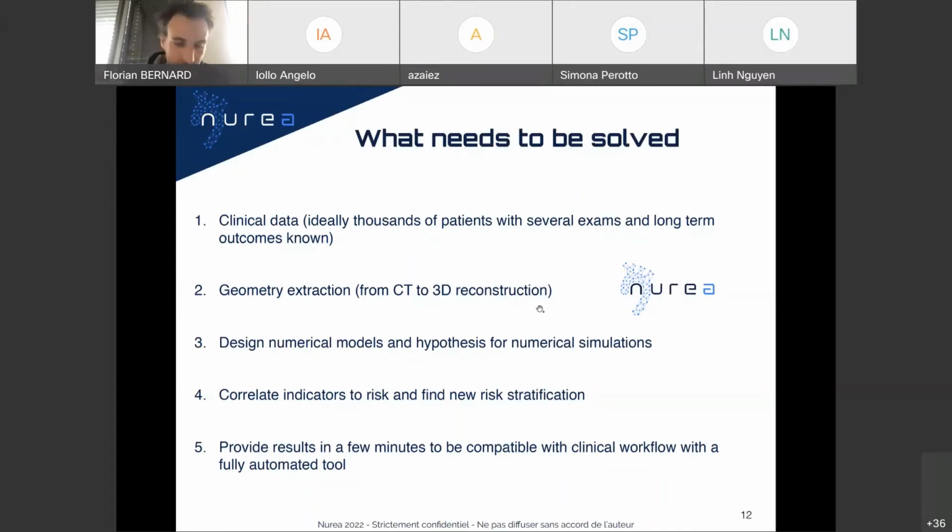And once we have that, we can imagine putting this tool in the hands of the physicians, to help them anticipate the outcomes for the patient and the risk, better classify patients that are candidates for surgery and the ones that are not, and reduce these cardiovascular accidents.